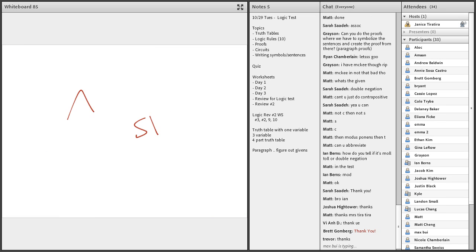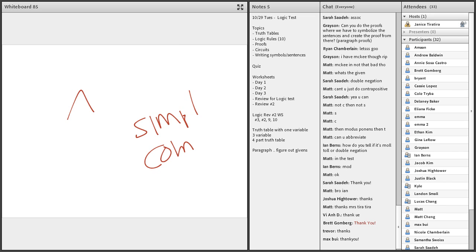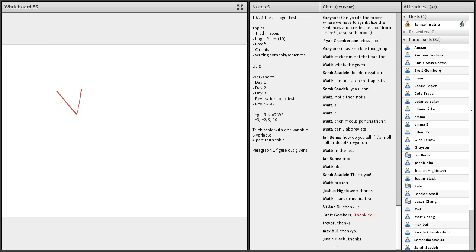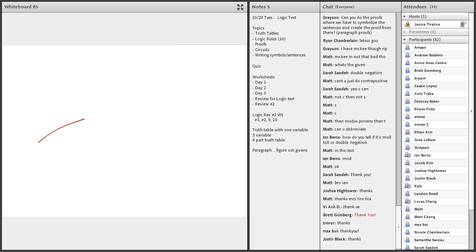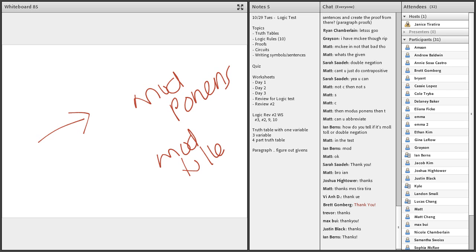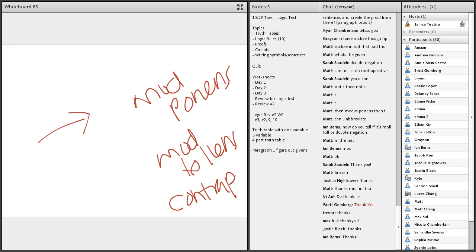So when you see this, it's either simplification, commutative, or associative if there's parentheses. If you see or, it's disjunctive syllogism. If you have something else, it's commutative, it's associative, if you have parentheses. If you see arrows, it's modus ponens, modus tollens, contrapositive, right? Those are your options for arrow ones.